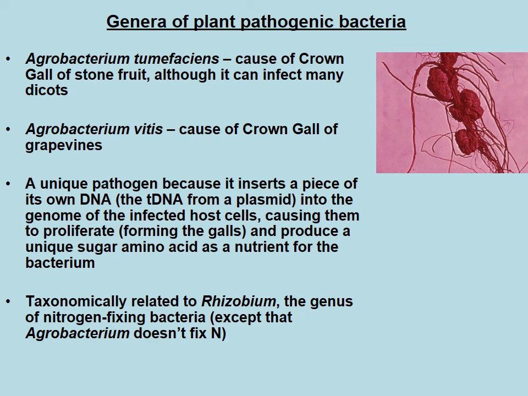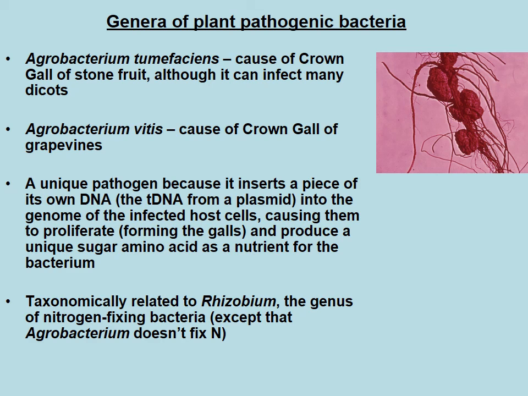Agrobacterium vitis causes crown gall of grapevines, and Agrobacterium tumefaciens is quite unique as a pathogen because it has the ability to insert a piece of its own DNA called the transfer DNA, which is found on its plasmid, into the genome of the infected plant host cells, and this causes them to proliferate, thereby forming those galls that you can see in this photo.